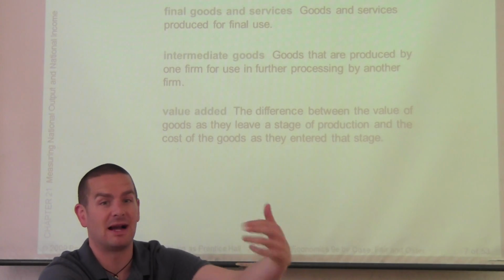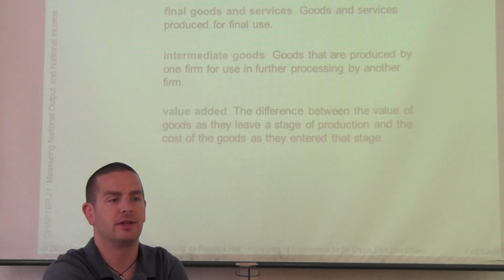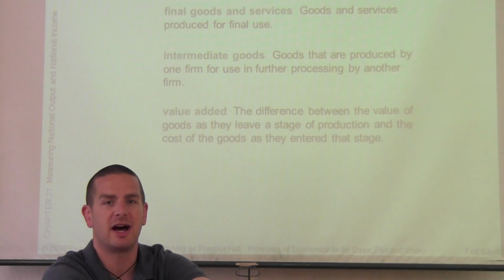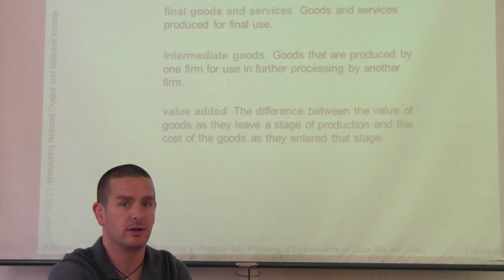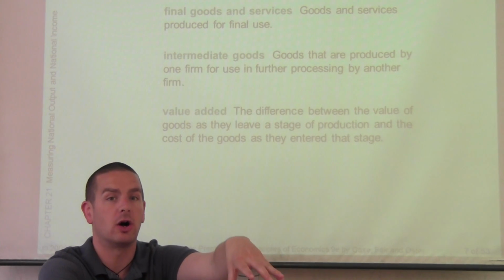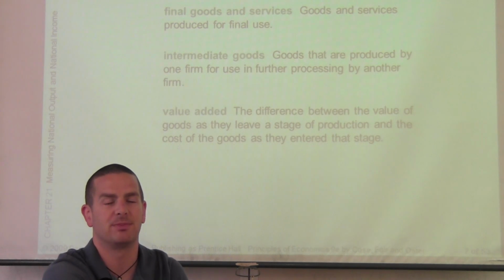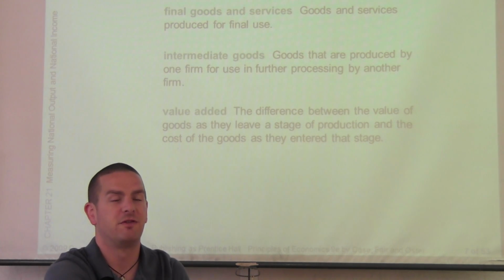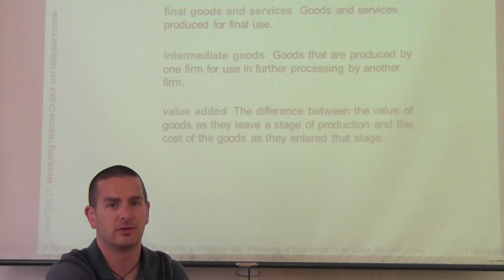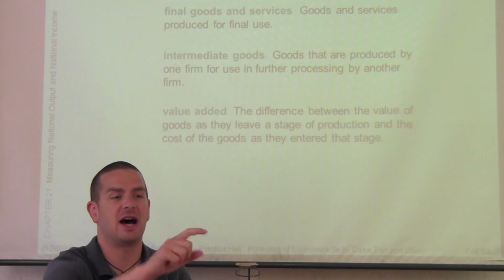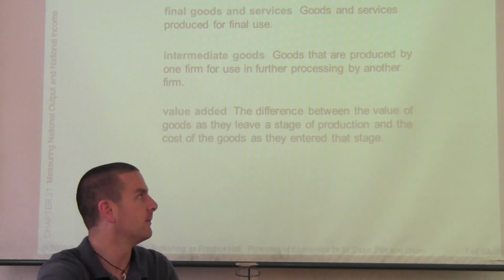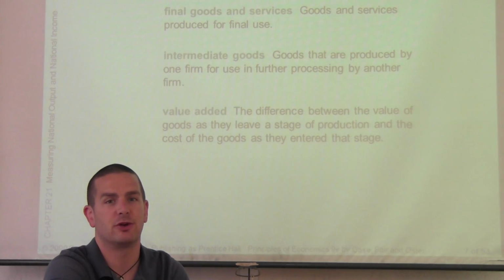Because someone will just buy the tire. On the other hand, if you take the rubber, turn it into a tire, and sell it to Ford, and then Ford sticks it on a car, then that tire was an intermediate good. Okay? You haven't made a car yet. The tire was simply the intermediate good. Ford is what will produce the final good, right? The car, of which the tire is one component. Okay? So that's the difference between final goods and intermediate goods.